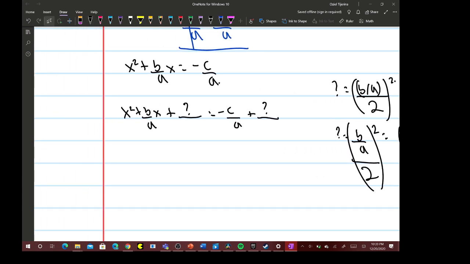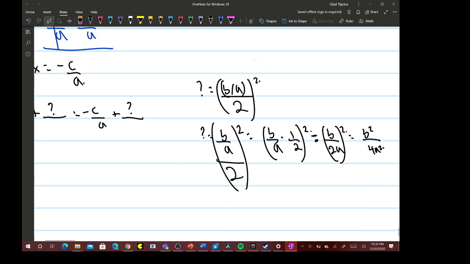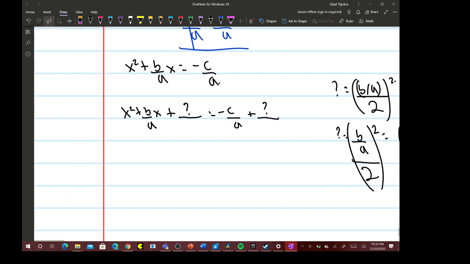So that's our third term, b squared over 4a squared. We're going to add it to both sides. So it's x squared plus b over a x plus b squared over 4a squared is equal to negative c over a plus b squared over 4a squared.